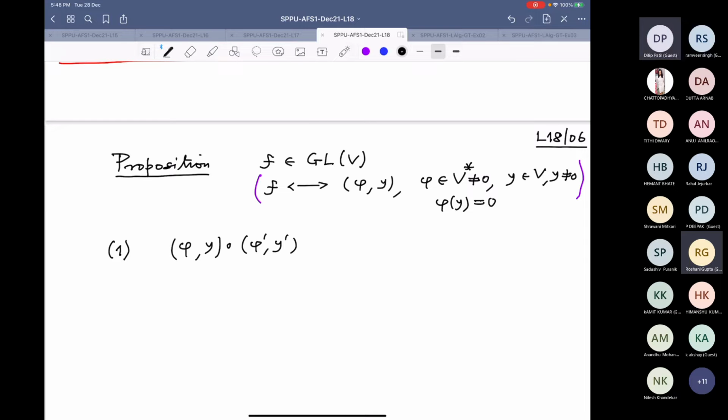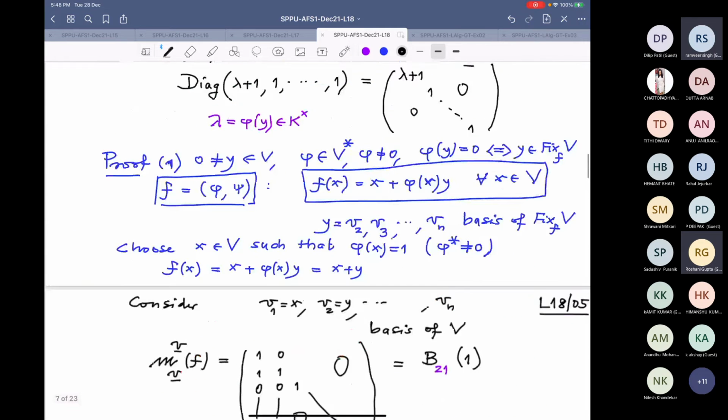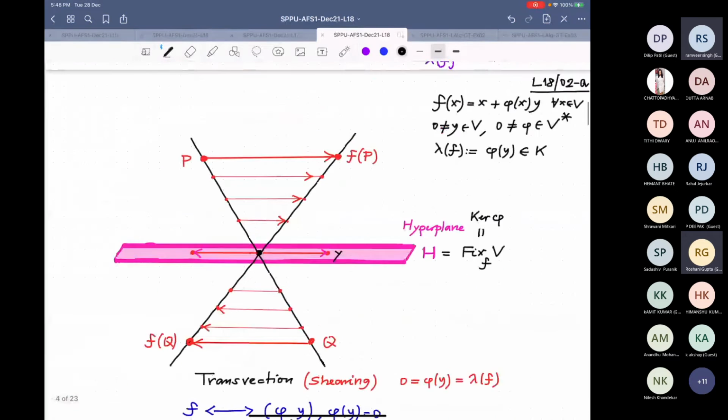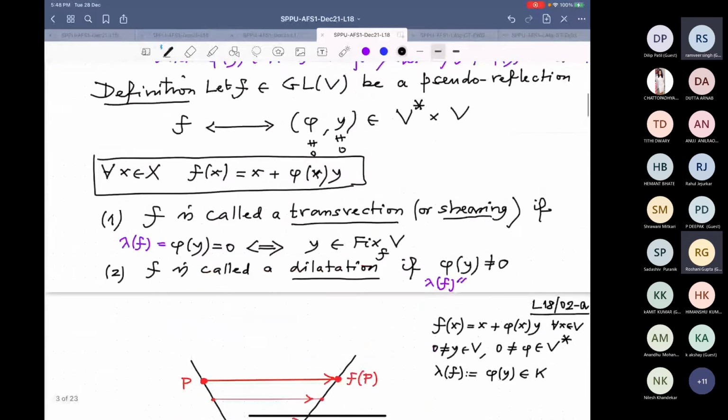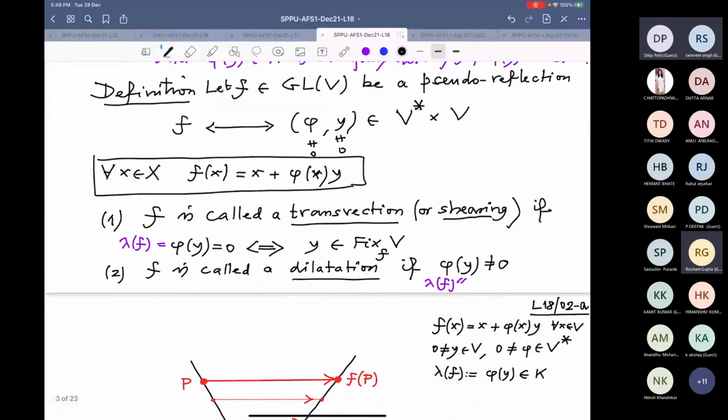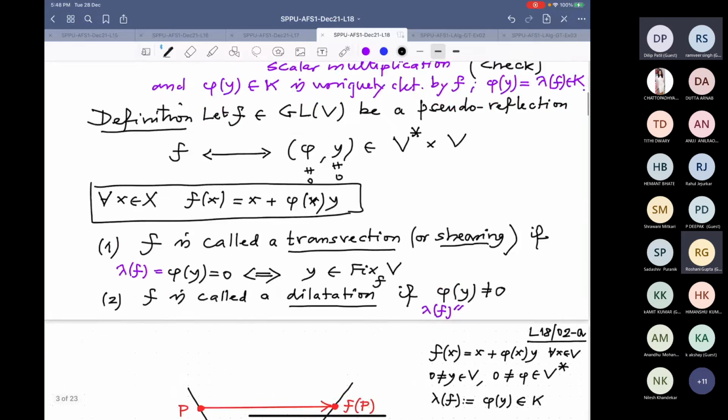You understood this notation? This means the pseudo reflection which is defined by f(x) equals x plus phi(x) times y. This is that reflection, the formula in the box. That's what I said: these are all pseudo reflections.